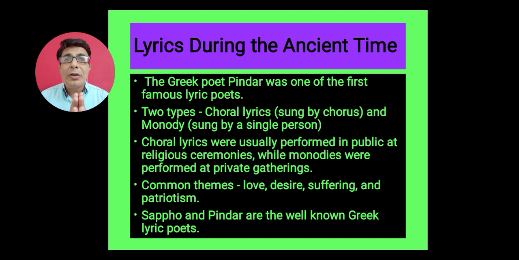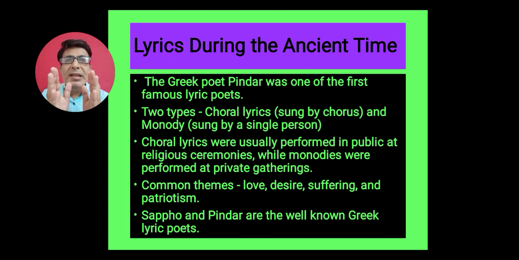And the song sung by the chorus in a group was known as choral lyric. And another kind of lyric which existed in those times was monody. Mono means one. Monody means a song sung by a single person. Okay, so friends, remember, two kinds of lyric poetry existed in ancient Greek literature. Number one, choral lyrics, and number two, monodies.